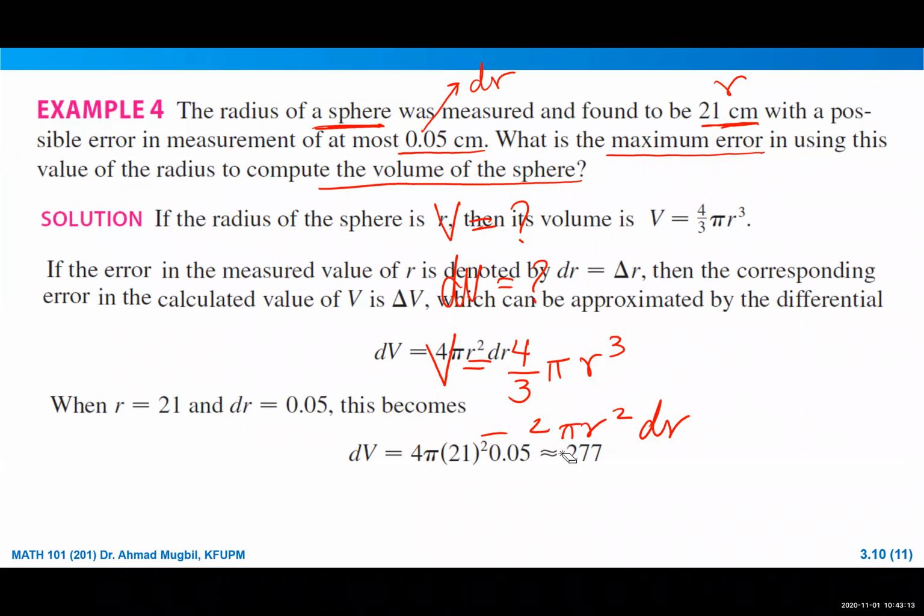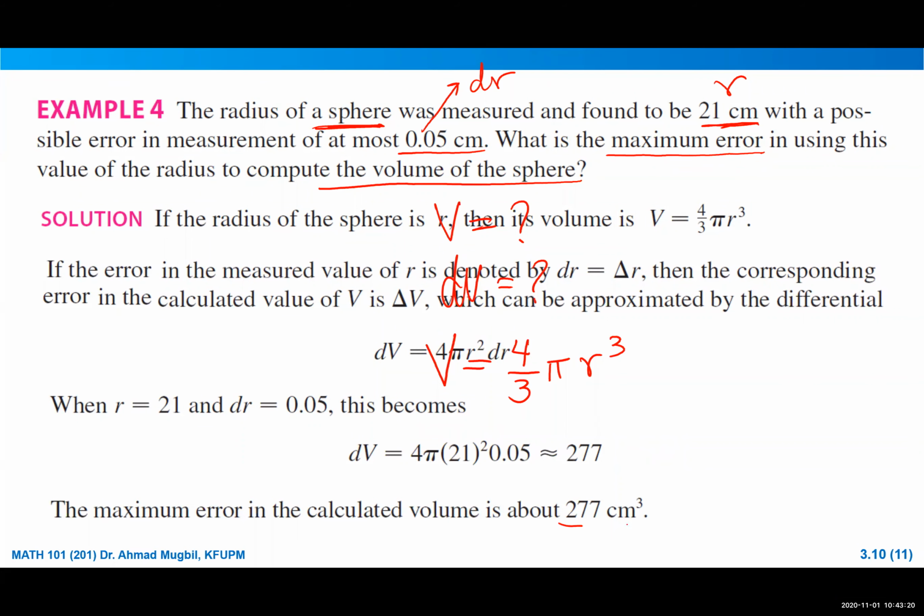dV is approximately 277 centimeters cubed. Oh, the error looks huge. But when the radius is 21 centimeters, this sphere is really huge, and of course the volume will be bigger. Now, this is the maximum. How can I make sure?